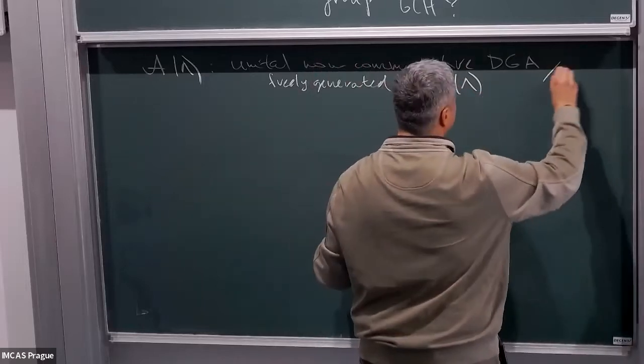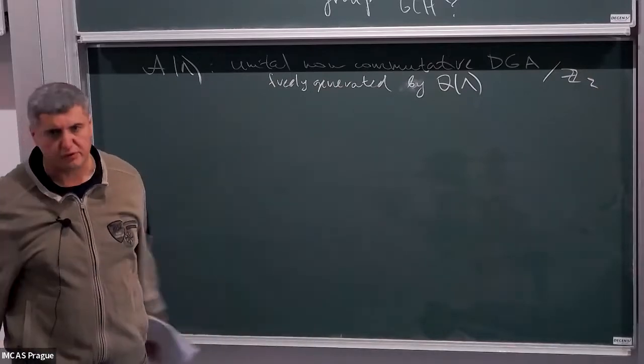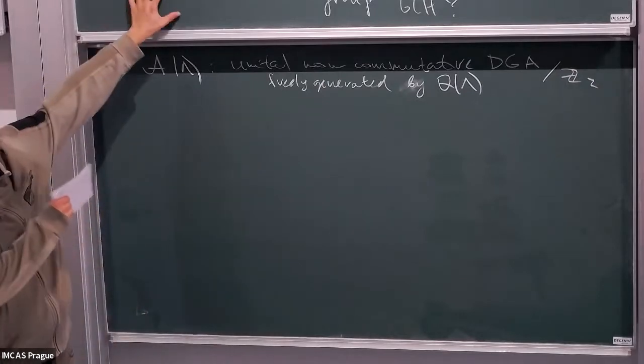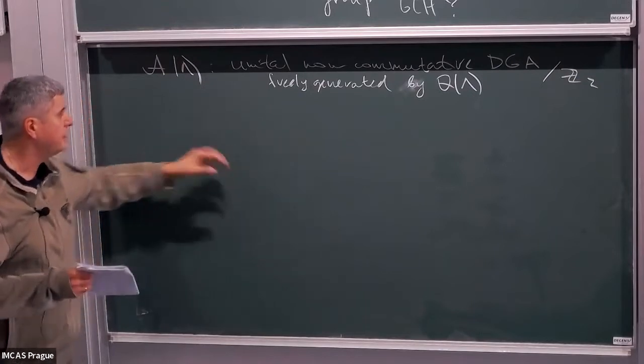In the definition, I'll use simple coefficients, Z2 coefficients. One can of course consider more general coefficients, and at some point we will consider Z coefficients because we would like to answer the second question in the motivation. But just for the definition, I'll use Z2 coefficients.